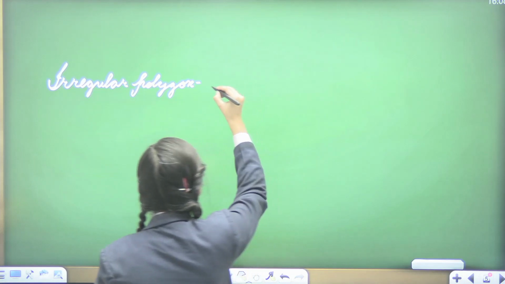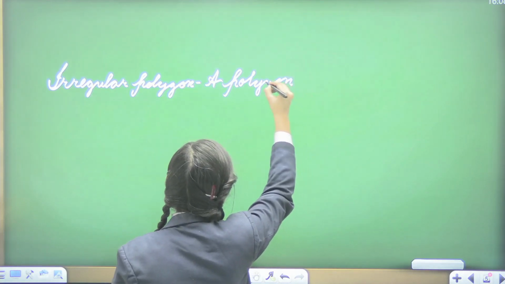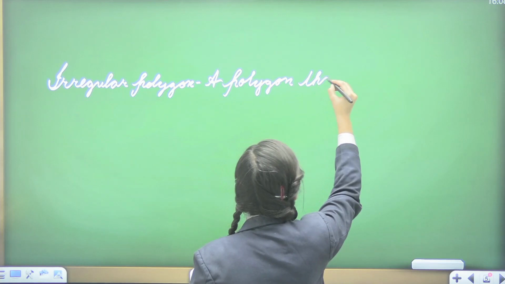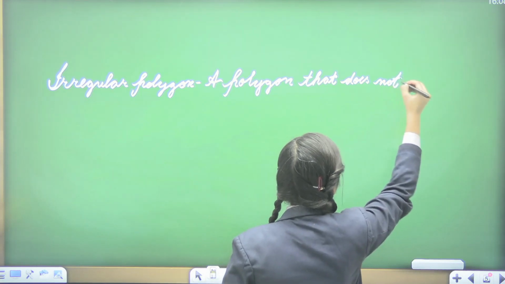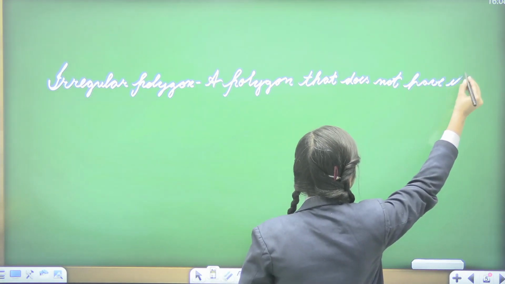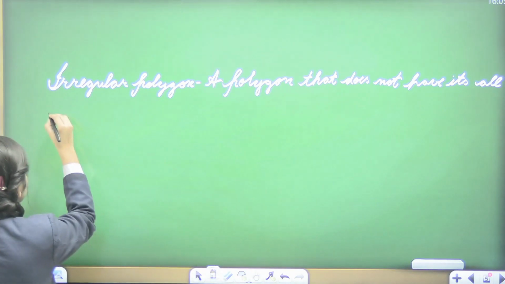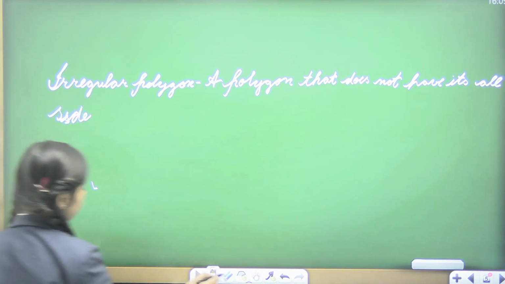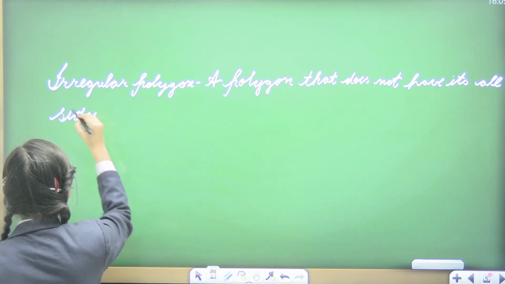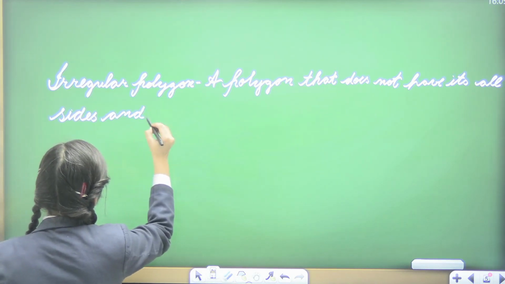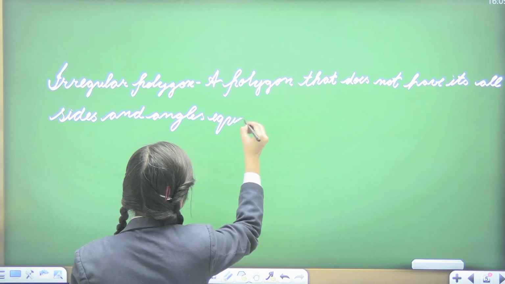So it is a polygon that does not have all its sides and angles equal.